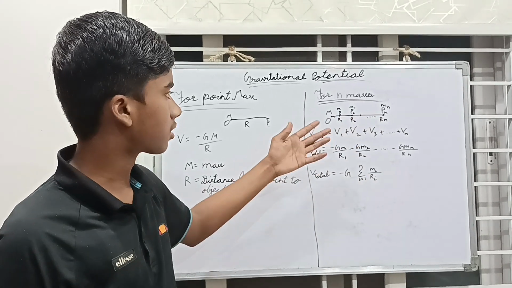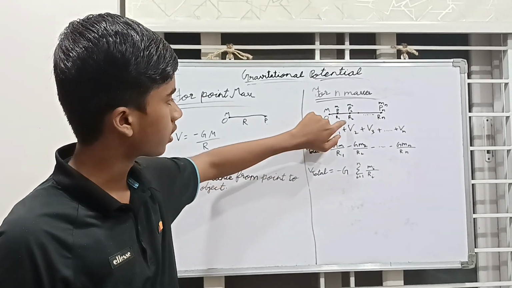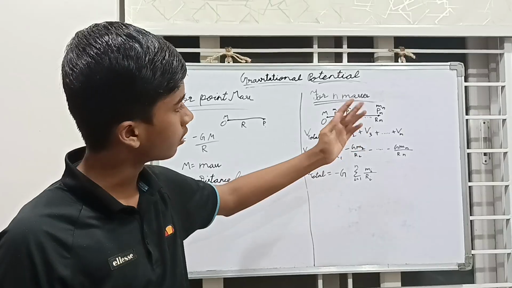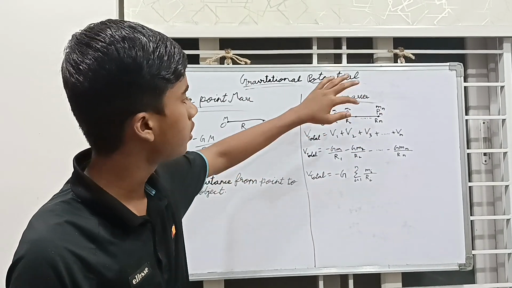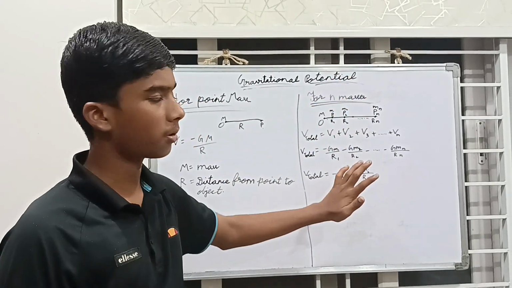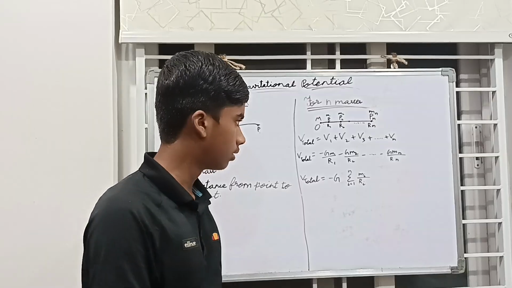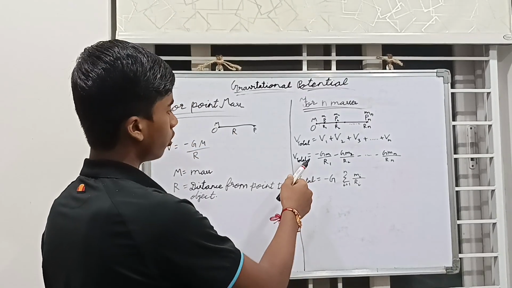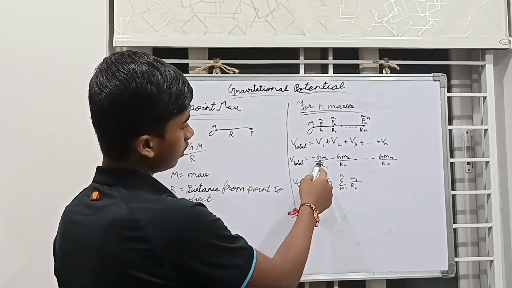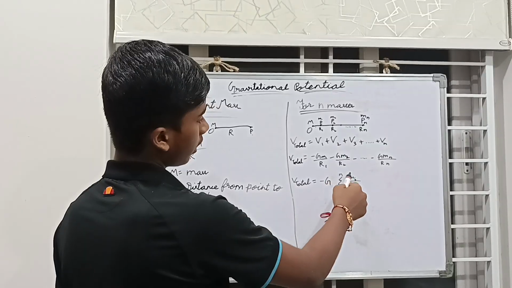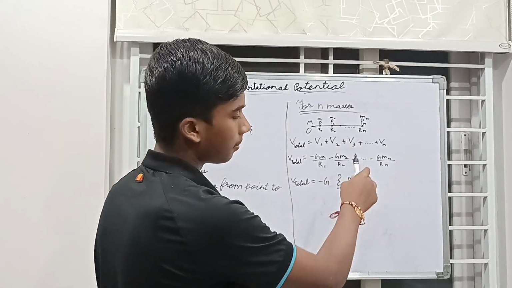Like the gravitational potential at this point, the gravitational potential at this point, up to the gravitational potential at n points. So V total is equal to minus G m1 by r1 minus G m2 by r2 minus so on, minus G mn by rn.